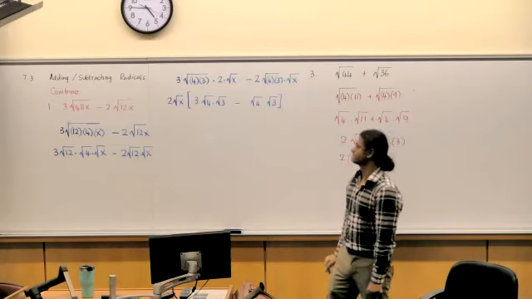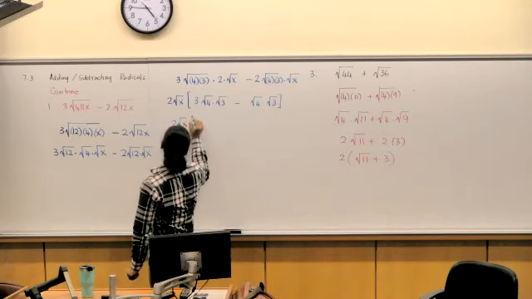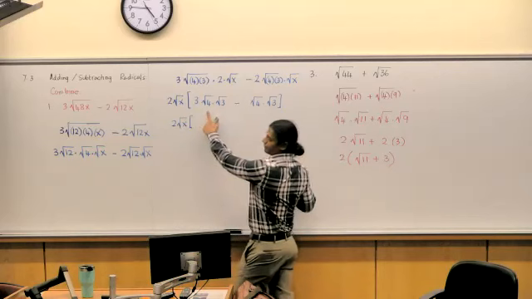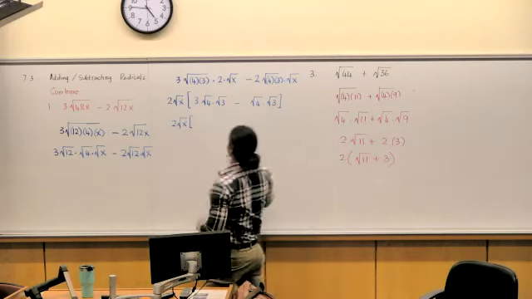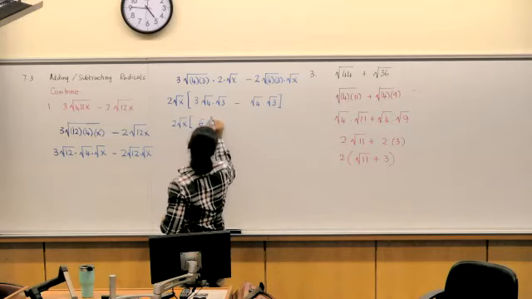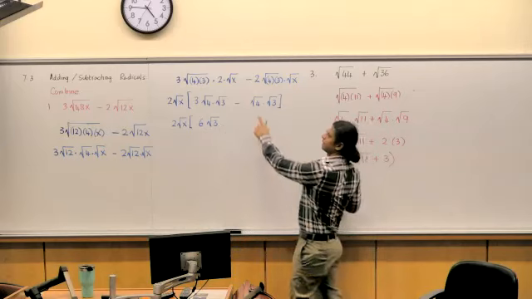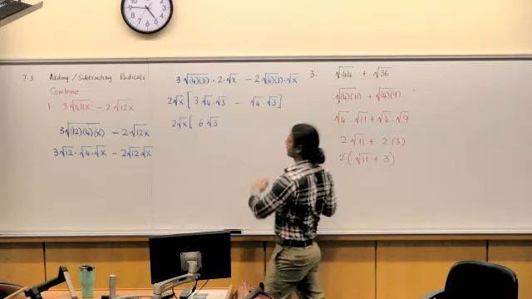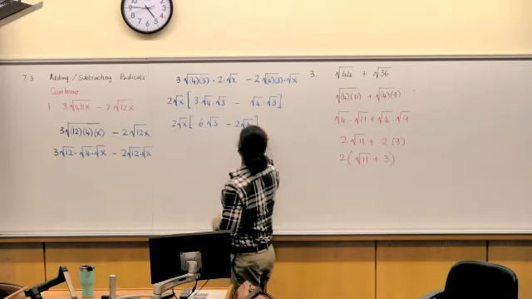Yes? Root 4 is 2, 3 times 2 is 6. So 6 root 3. Root 4 is 2, minus 2 root 3.